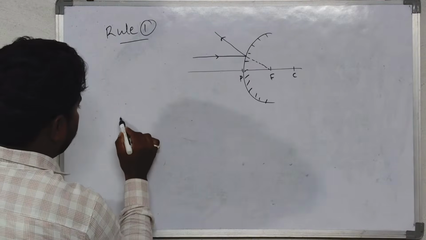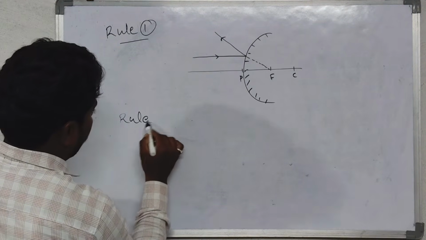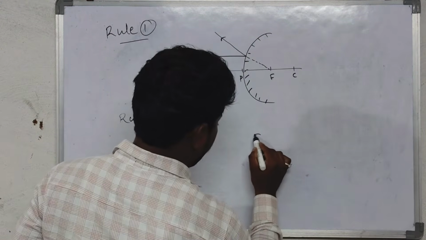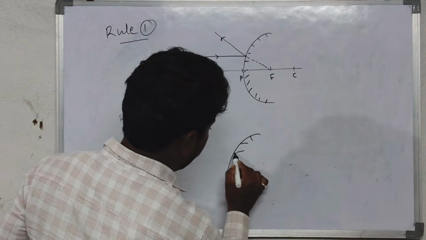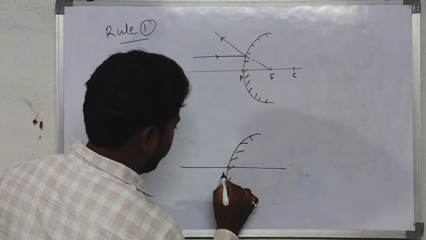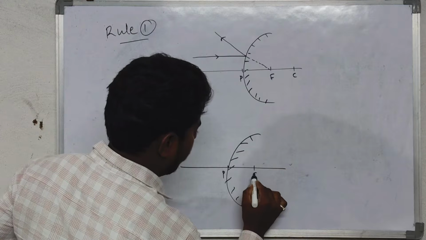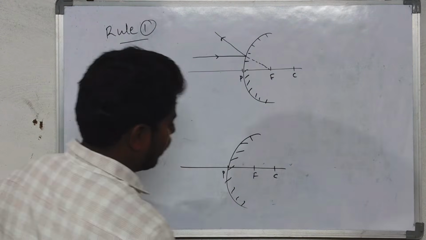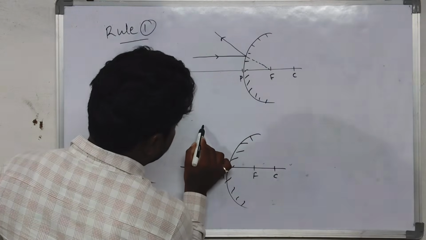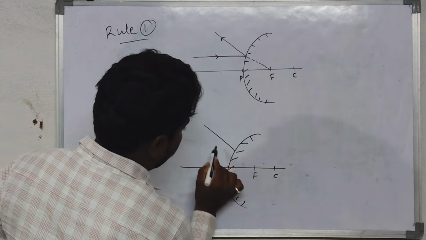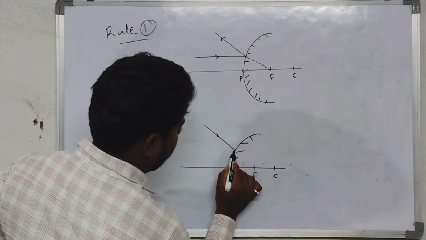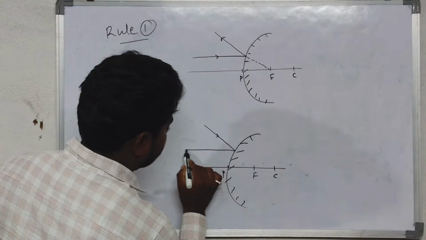Let us see the second rule. Rule number 2. Convex mirror, principal axis, pole, focus, center of curvature. When the incident ray goes towards the mirror, it gets reflected like this.